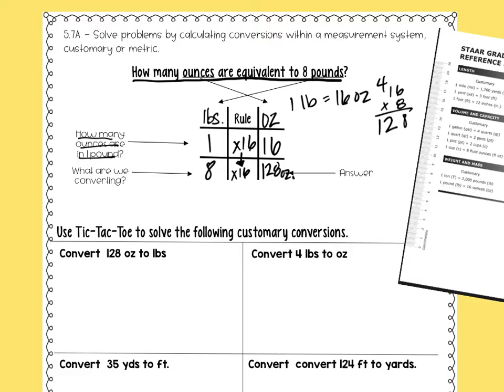Next conversion, I want to convert 128 ounces to pounds. So I'm going to make a tic-tac-toe board. And I know that I am going to go ounces to pounds. So ounces will come first and pounds will be next. And for my last problem, I know that 1 pound equals 16 ounces.